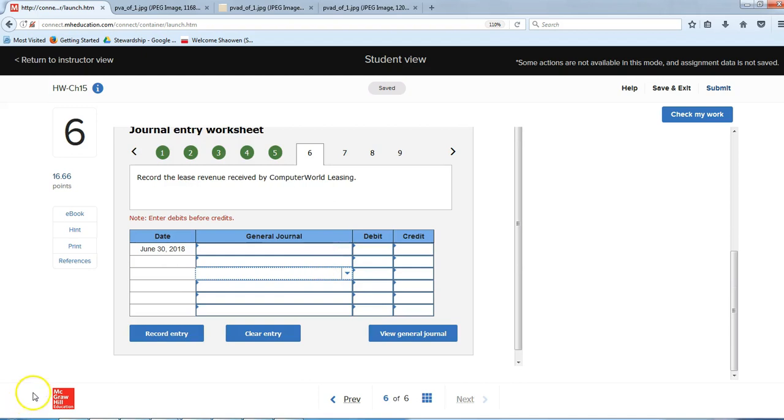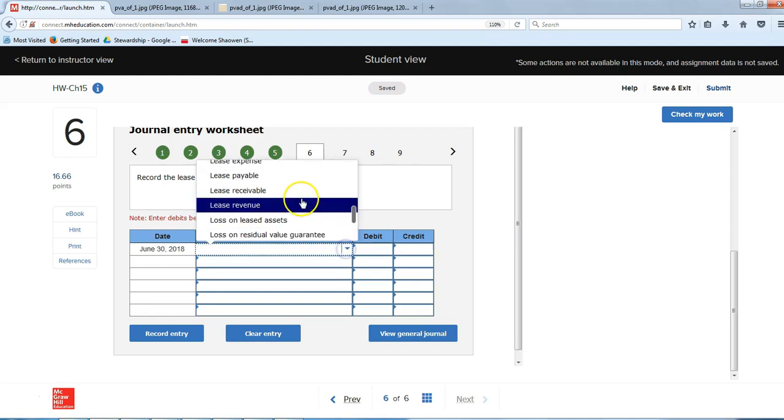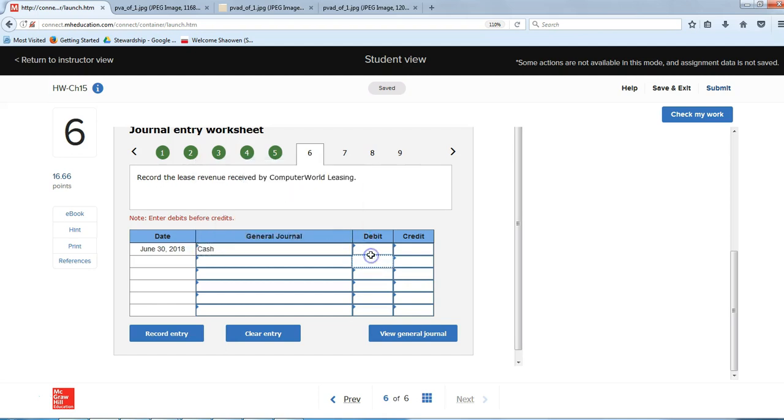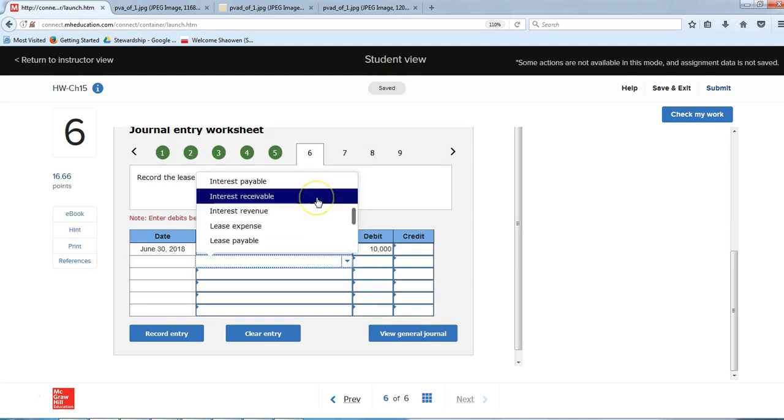Now the question for lessor is, on June 30th, when they receive payment of $10,000 from lessee, how do they record this receipt? Because this is operating lease, lessor does not have interest revenue. All their received cash of $10,000 represent a lease revenue.